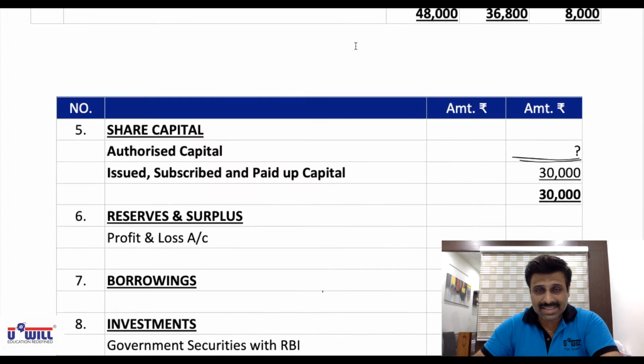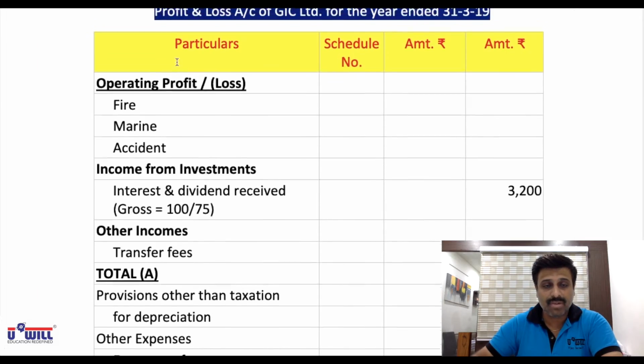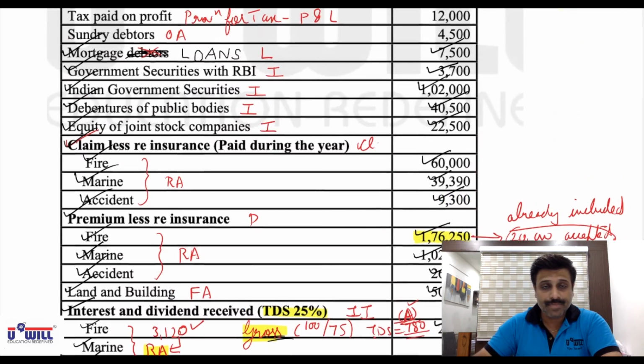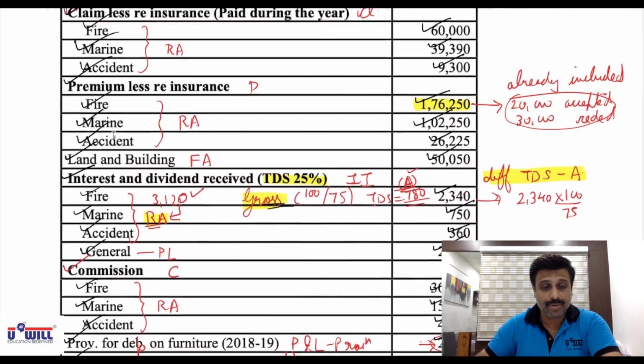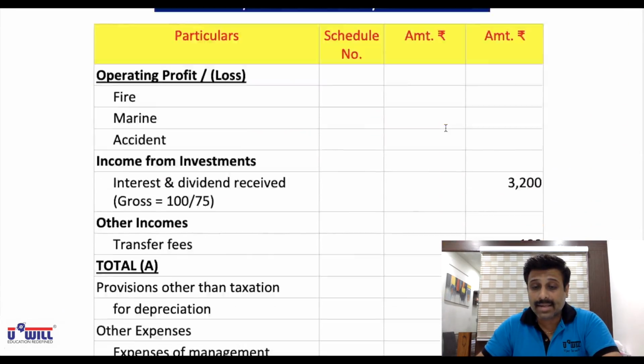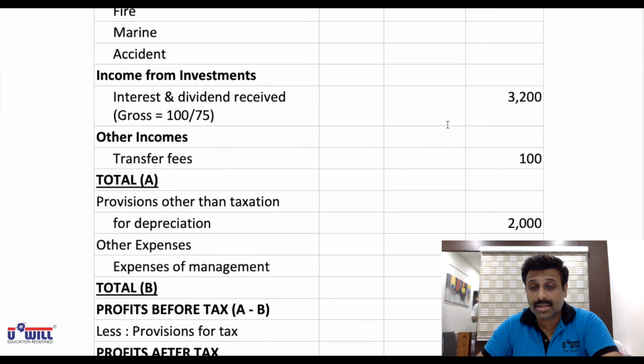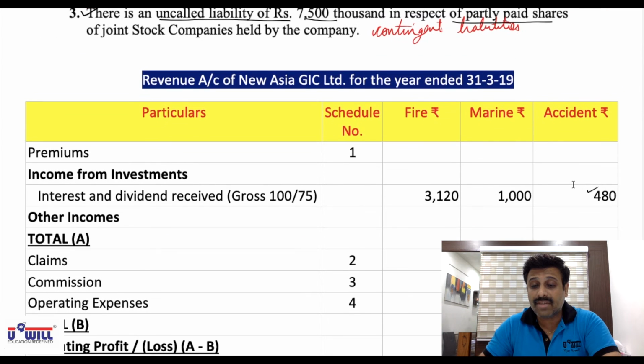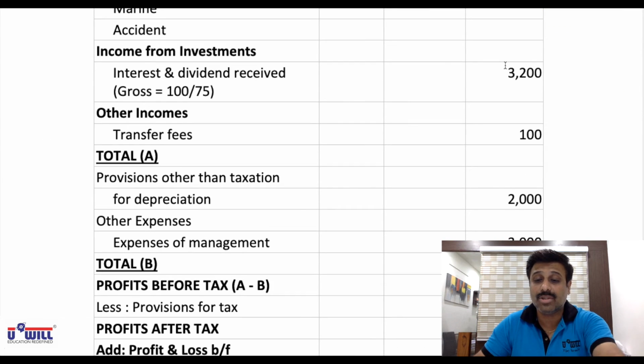Now after accident, we had general amount of interest and dividends also. So general amount of interest and dividend is 2400, and over here the total amount in revenue account, in P&L account was 3200.